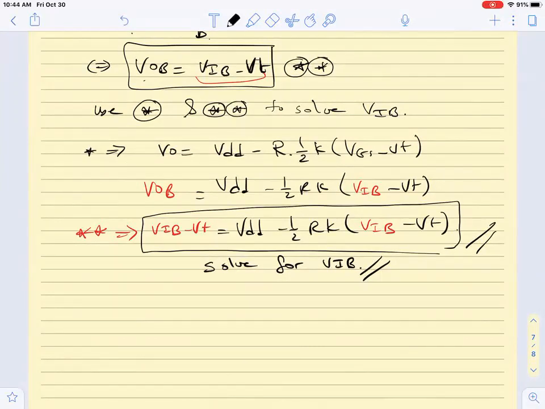Okay, so we can solve for VIB from this equation.